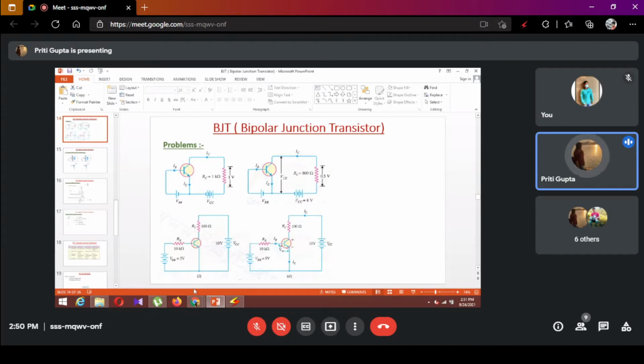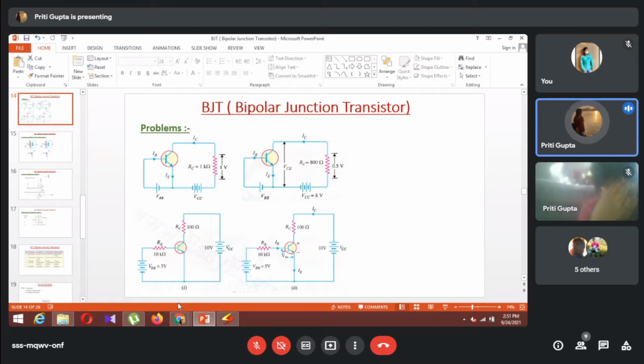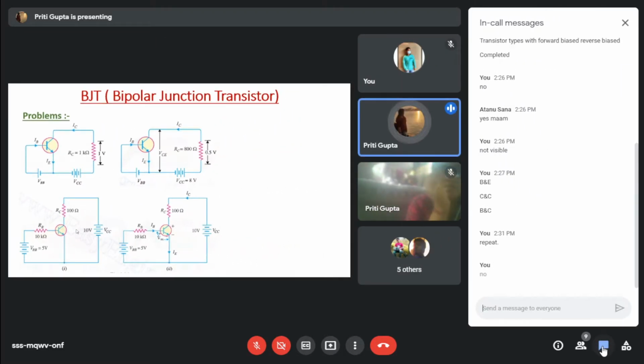The question is: determine VCB in the transistor shown in the figure. Have you done this third figure? No, ma'am. Okay, then draw this.